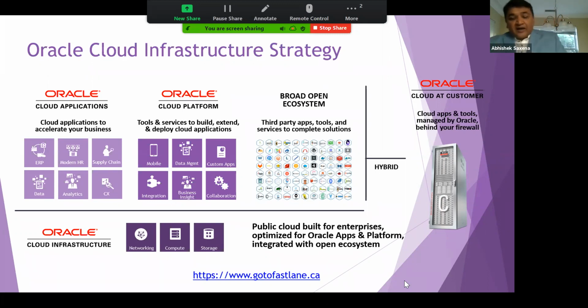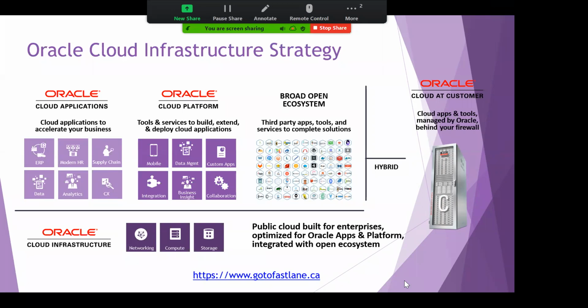Oracle's strategy is to give customers the best cloud applications and platform with an open source ecosystem, and to run this technology on the best infrastructure, in the cloud or even on-premises. You can see Oracle Cloud applications, ERP, HCM, supply chain, data, analytics, and customer CX, all available on Oracle Cloud. Yeah, Rama.